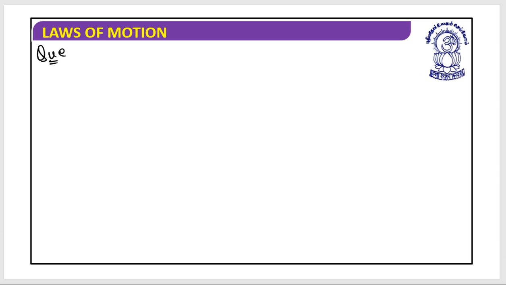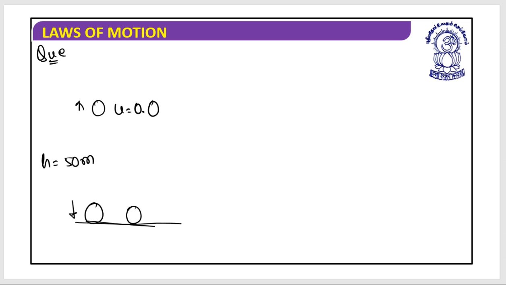Suppose this is the floor. This is height 50 meter, and you are dropping a ball from here. So this ball will strike the floor and will rebound to this height.